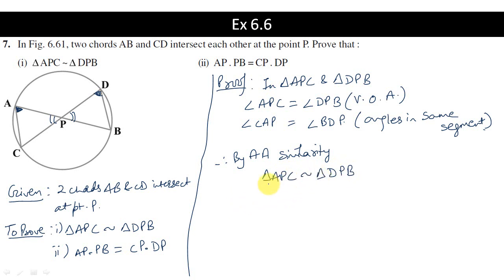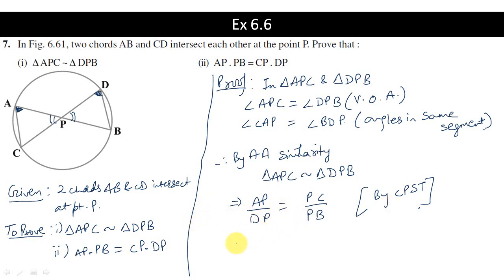And if these two triangles are similar, that means the sides will be proportional. So I can write AP upon DP is equal to PC upon PB by CPST. Because if two triangles are similar, then the sides are proportional as they are corresponding parts of similar triangles.